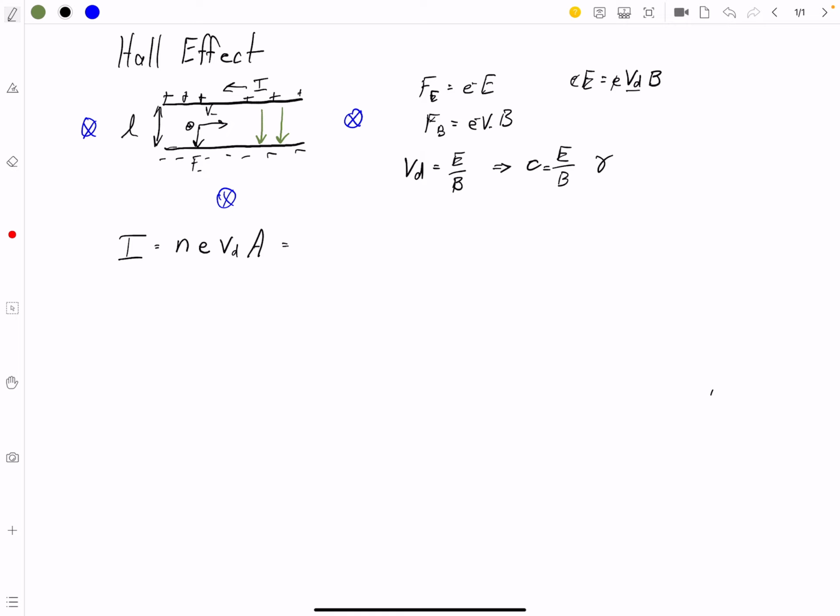And we could equate that to, because v_D is equal to E over B, so we've got our number of electrons.